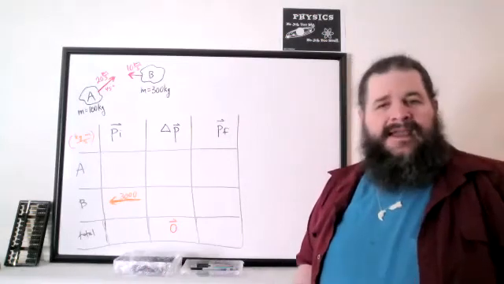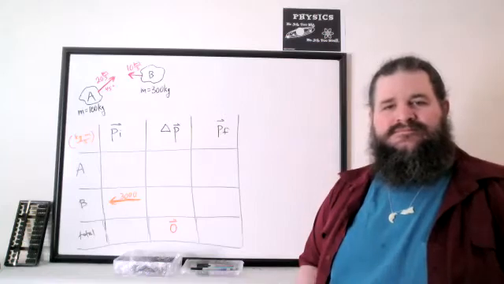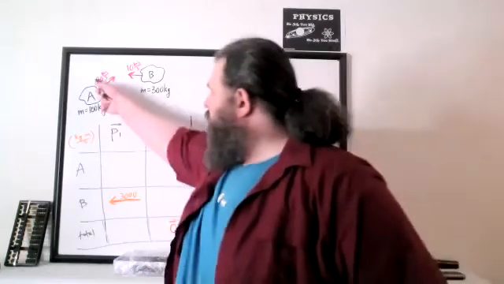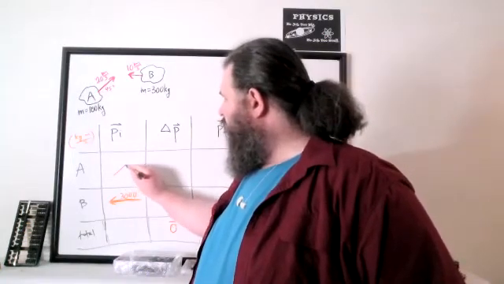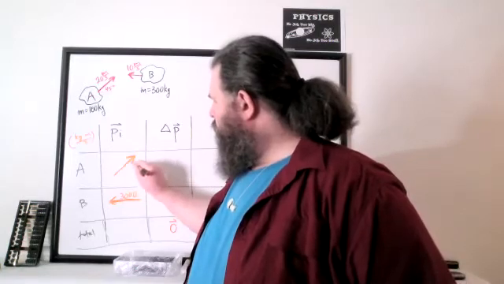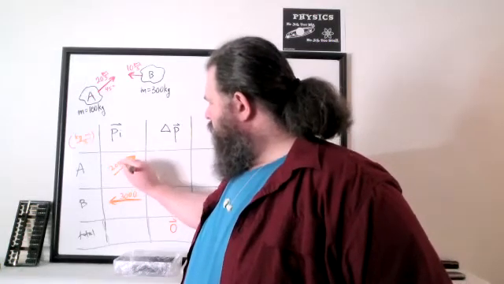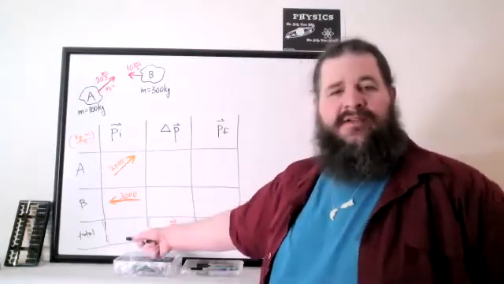And what about rock A? Yeah, 20 times 100 would be 2,000 kilogram meters per second, and that'll be to the northeast. And then for total, can I just add 2,000 and 3,000 to get 5,000?